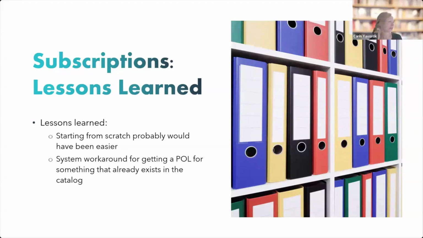I did want to note that I was not able to find a lot of documentation on creating orders for something that already exists in your catalog. I had asked Ex Libris about this and they said, well, why would you want to do that? The main reason is that we wanted to create a record of the orders so that we could track the funds and the spending for current subscriptions, even though they weren't recorded at the time of order, or weren't recorded in the way that Alma expects at the time of order.